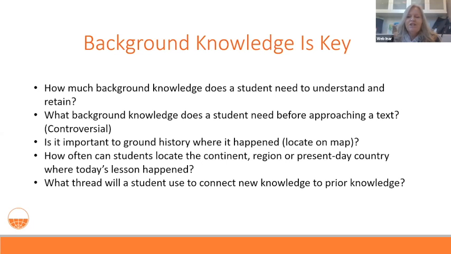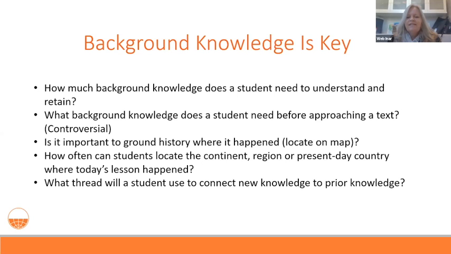I say it's a little controversial because I think there are a lot of debates about how much valuable time to spend on building background knowledge before a student approaches text, and that can be difficult to carve time out for. And how important do you think it is to ground history where it happened?